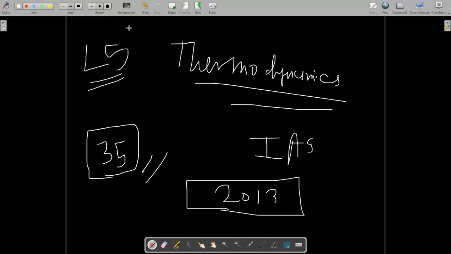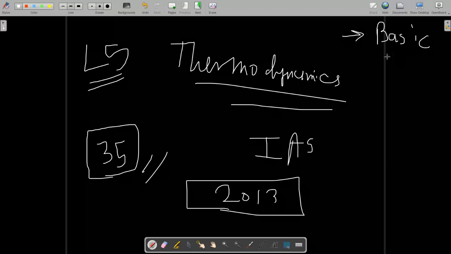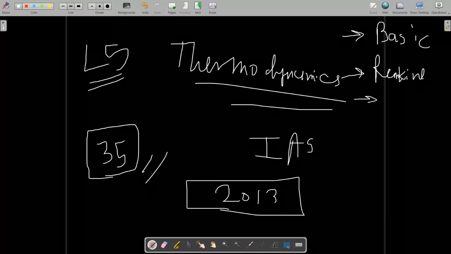I have taken some assumption that you know the basic theory of the power plant vapor power cycle, how the Rankine cycle works, and how a binary vapor power cycle works, like one fluid is mercury and another fluid is water.